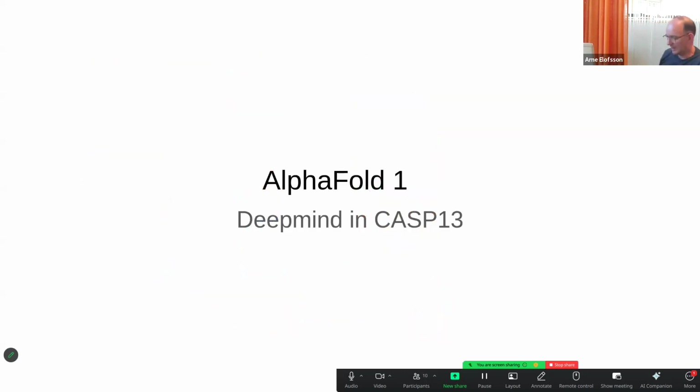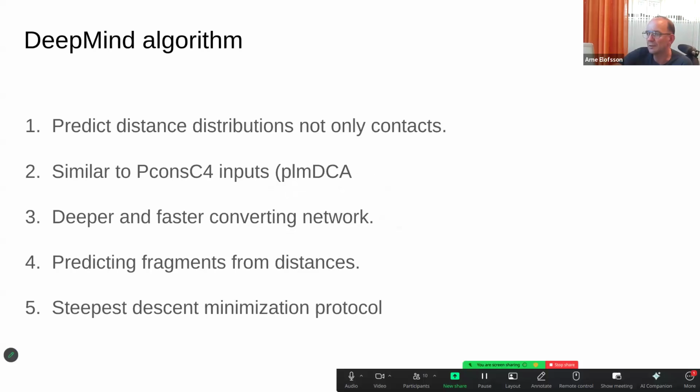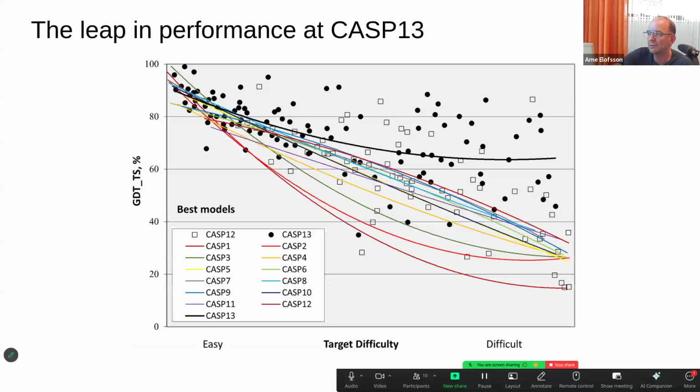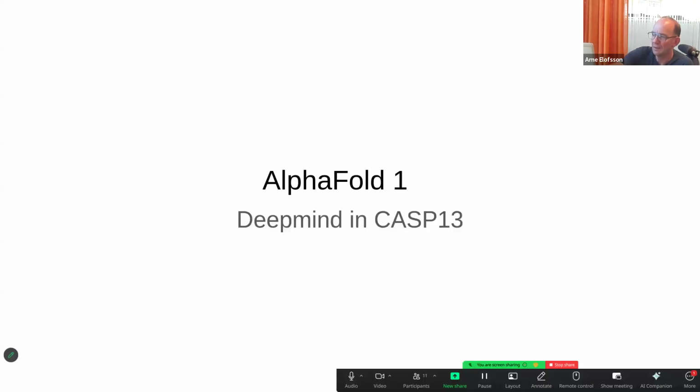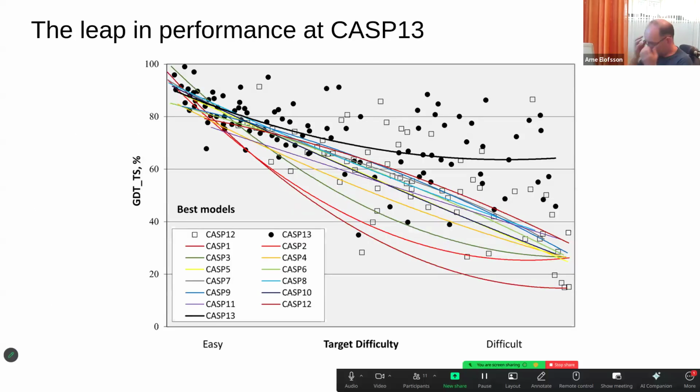And then we entered the days of CASP 13. CASP is a competition. It's not called a competition, it's called an assessment: Critical Assessment of protein Structure Prediction.